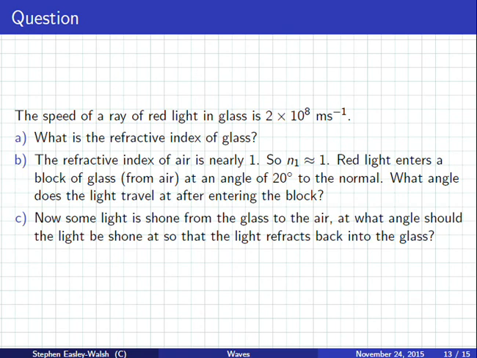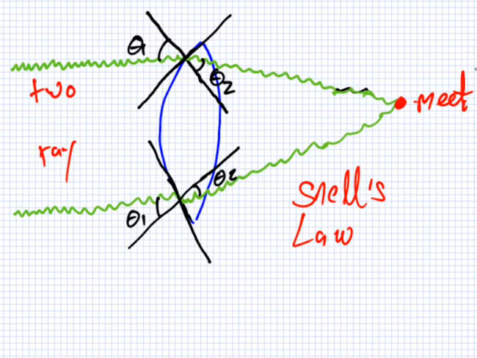So we can only calculate C if N1 is bigger than N2. If N1 is smaller than N2, then that means there is no critical angle.